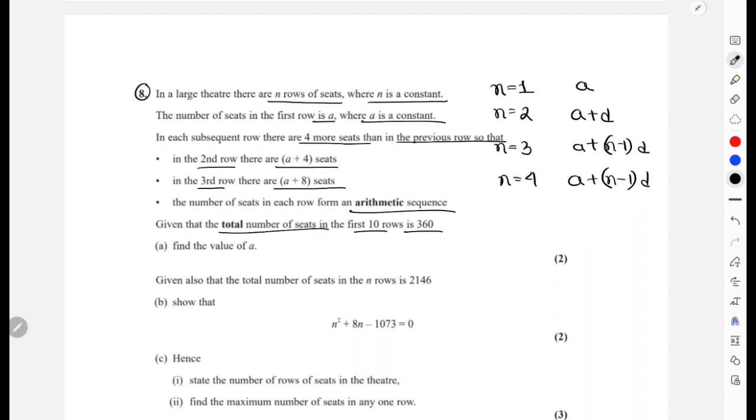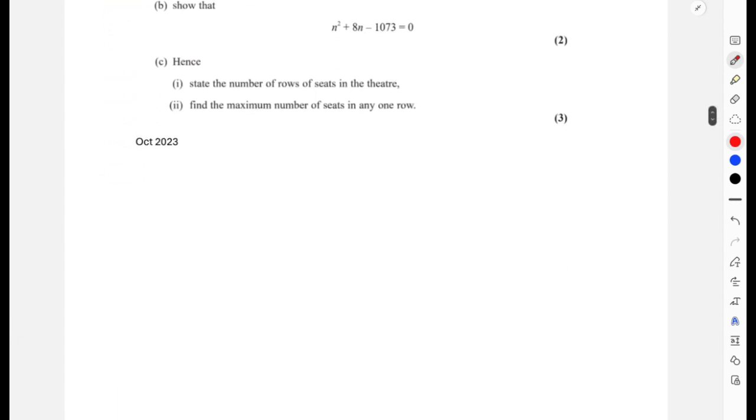Given that the total number of seats in the first 10 rows over here, it's total number of seats, which means they are actually indicating about Sn over here, right? S10 over here. Now you need to find out the value for a, okay? Let's just write this. T1 is a, T2 is a plus 4, T3 is a plus 8. This was already given. From this part, you can understand common difference is 4, right?